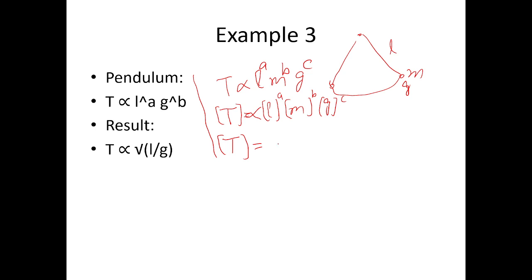L means length to the power A, M means mass, so that is M^B, and G is acceleration, so this is length per time squared, whole power C. So again T, and write it in the brackets.